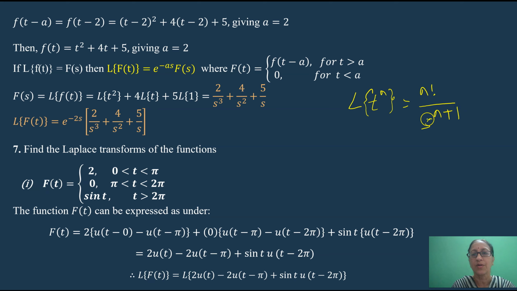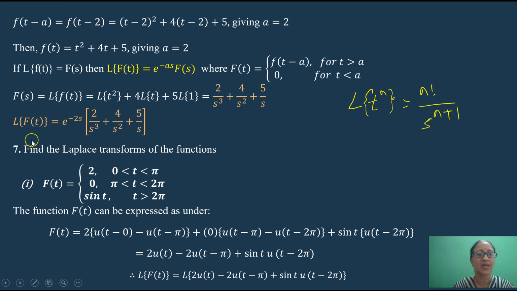If you use this formula, you get the Laplace transform of t square equal to 2 factorial upon s cube, that is 2 by s cube, plus the Laplace transform of t is 1 by s square, but 4 is there, so 4 by s square, plus the Laplace transform of 1 is 1 by s, so you get 5 by s because 5 is there.